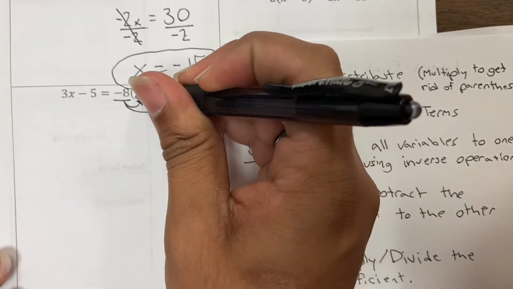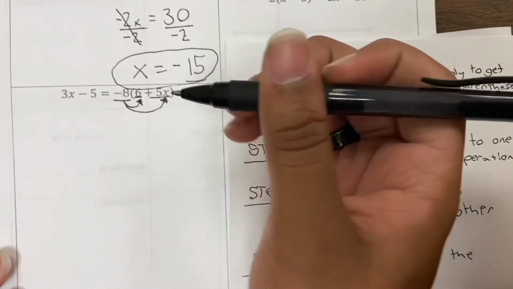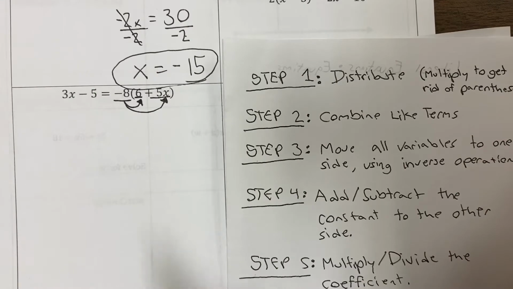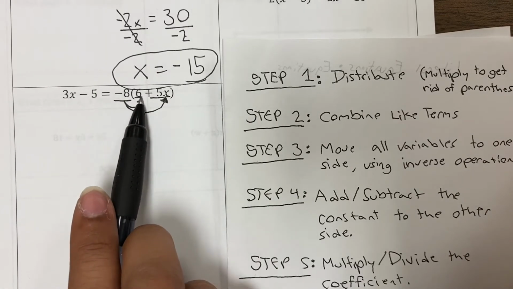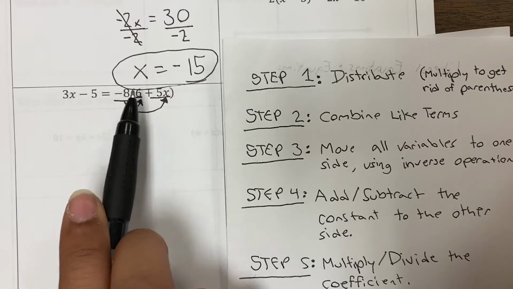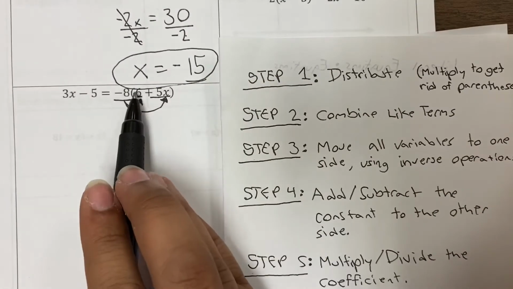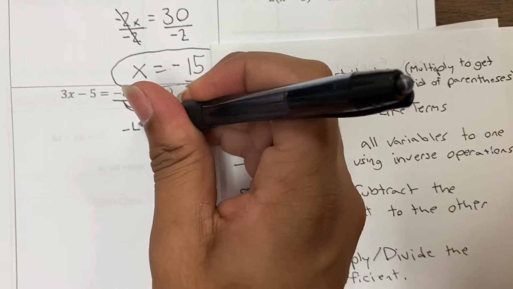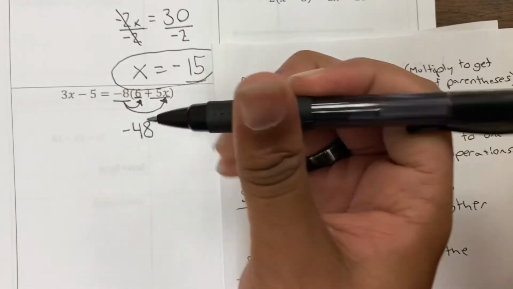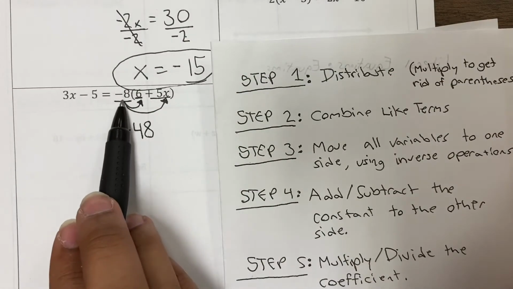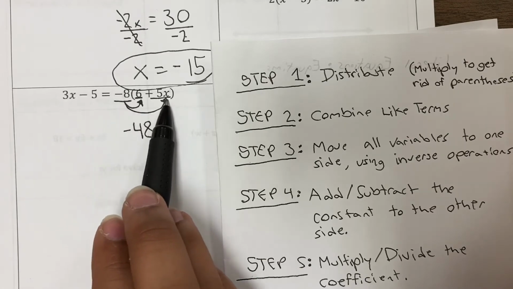So that means positive 6 and positive 5x. Negative 8 times 6, a negative times a positive, is going to give me a negative. 8 times 6 is 48. So I just multiplied the first term. So now I'm going to multiply by the other term.